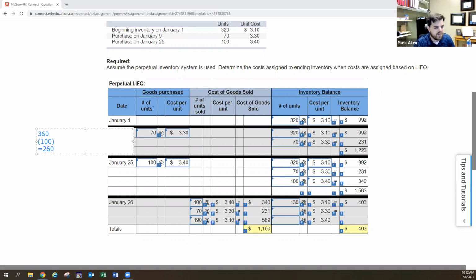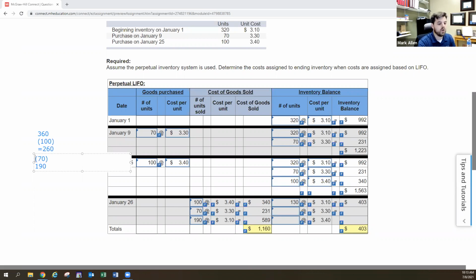Because that's not 0, I've got to keep going, right? My order has not been filled. So I bump up a layer and I say, okay, I've used this entire layer, now I've got to deal with this layer. There's my 260, and in that next layer up, we had 70 units available. Because I had 70 units available, I'm now at 190.